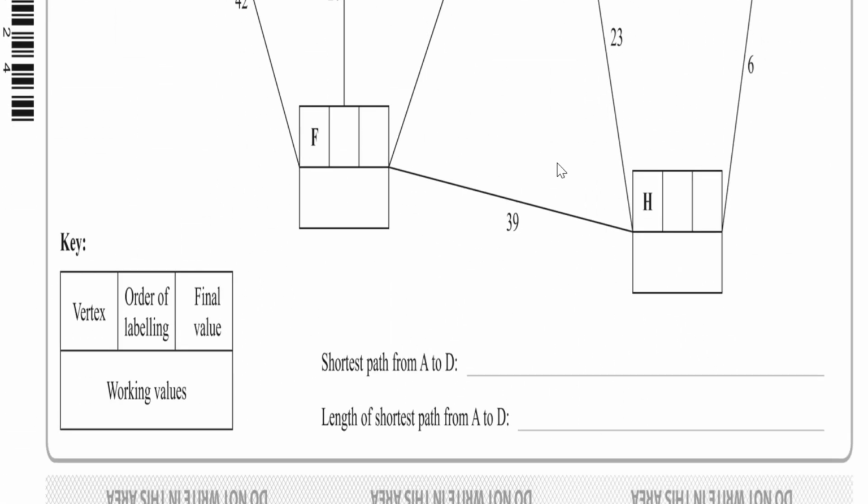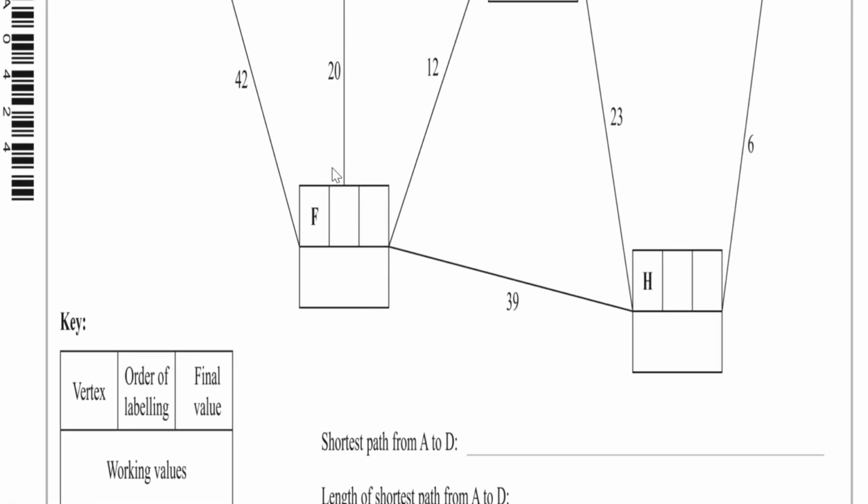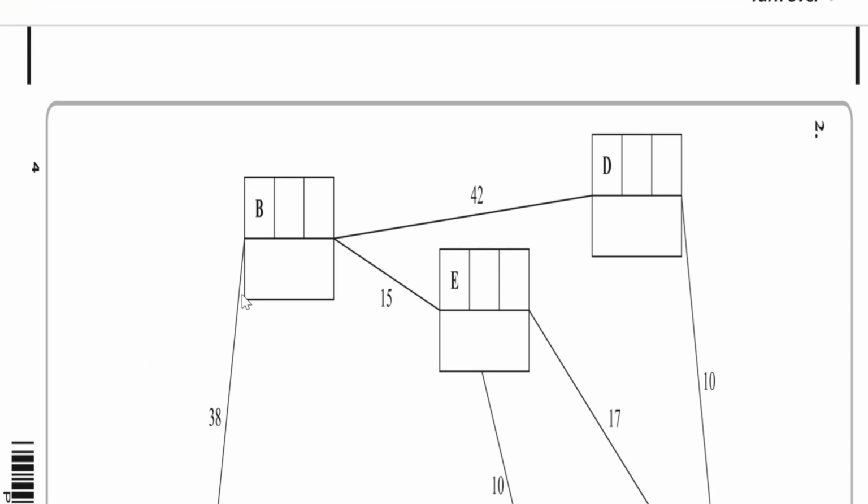So you'll notice in terms of the box, we've got the vertex, we've got the order of labeling, we've got the final value, and then we've got the working values, which go at the bottom box. Now we want to start at A, so let's label this.